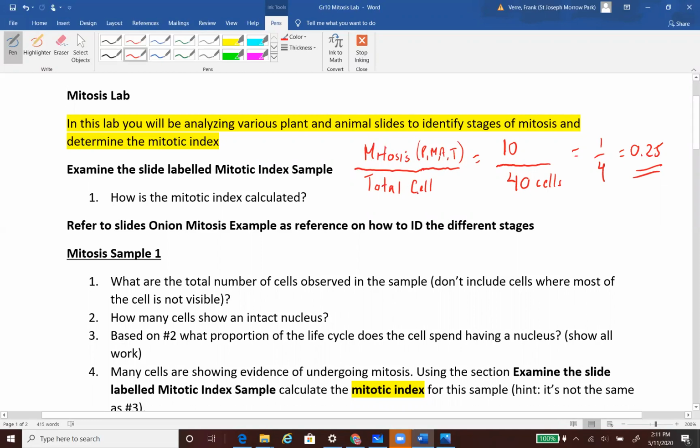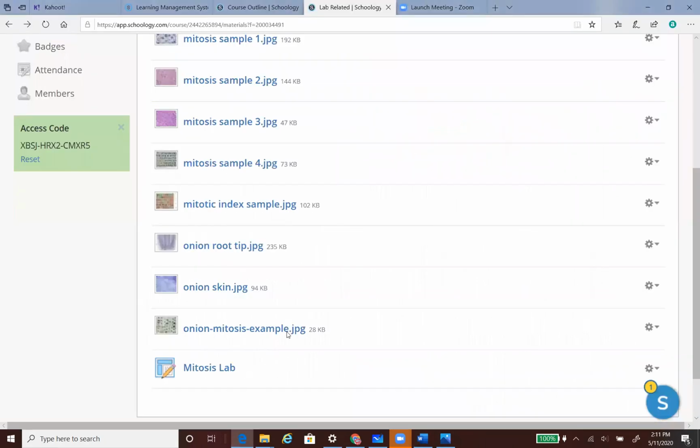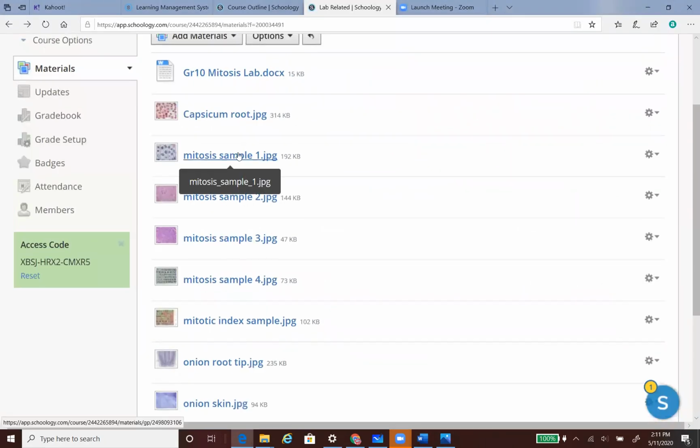So for example, this is mitosis sample 1. What are the total number of cells observed in the sample? Okay, so if we take a look at mitosis sample 1, all right, so here it is.